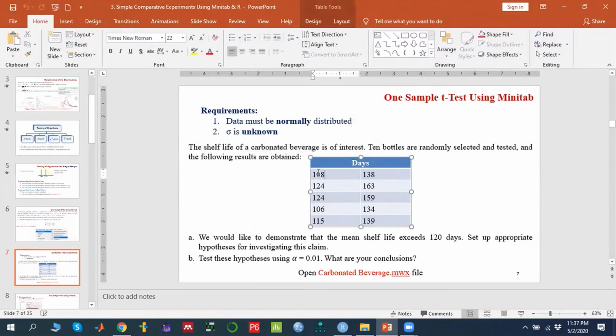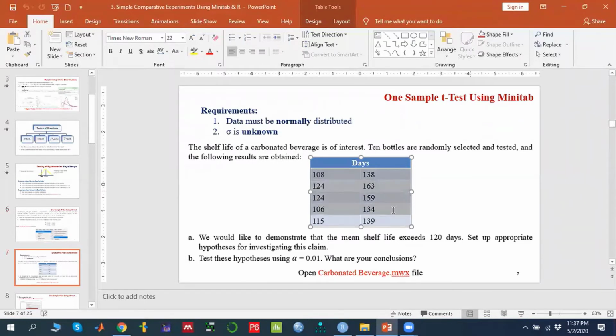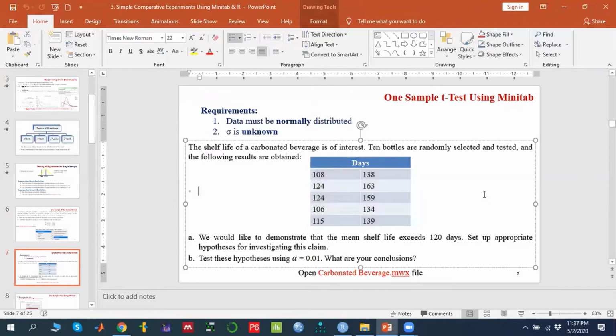And we have taken the life of those carbonated beverages in days, and we have taken the sample of 10 days data set, or you can say 10 bottles data set.